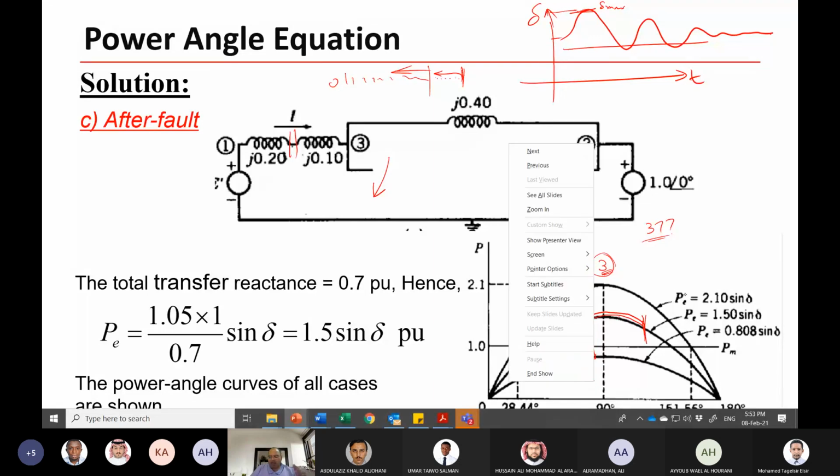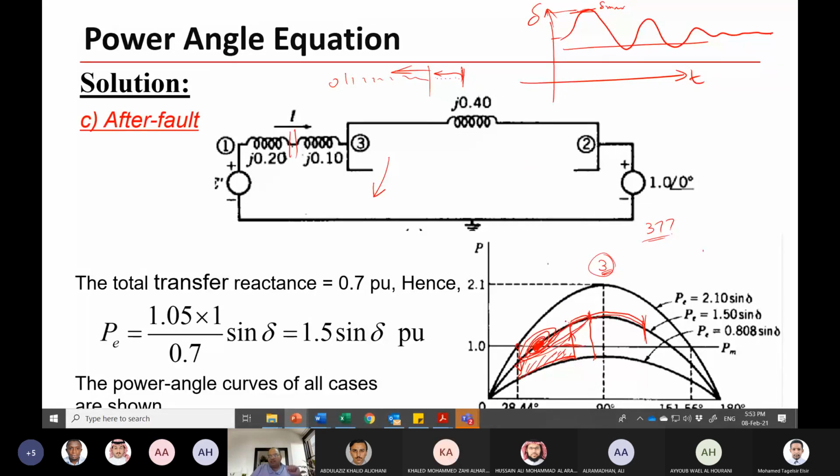At steady state condition, this point is 28, so the system is okay. If this initial point comes closer, you are approaching the stability limit, so the stability of the system will be weak when you approach 90 degrees.